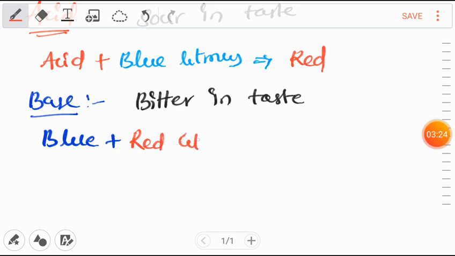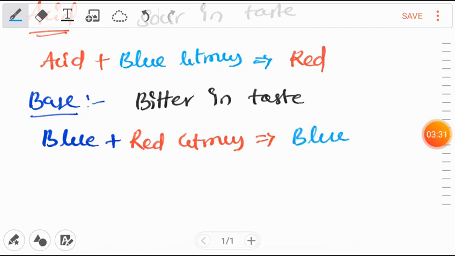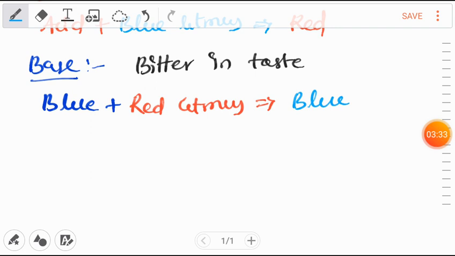Red litmus. Red litmus gives what color? Blue in color.